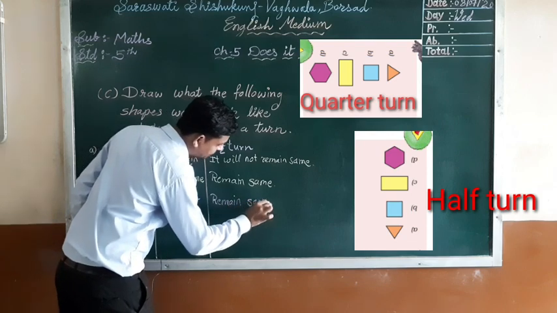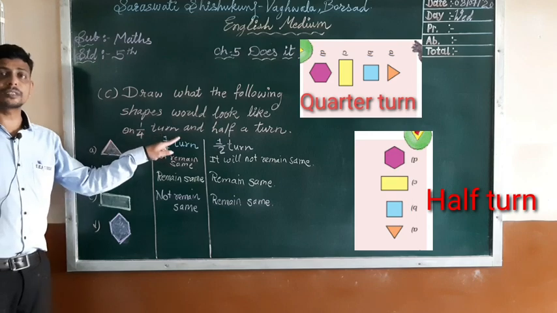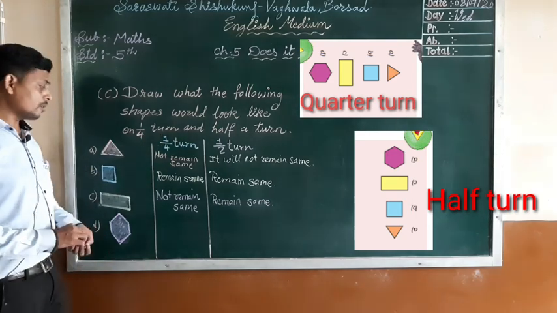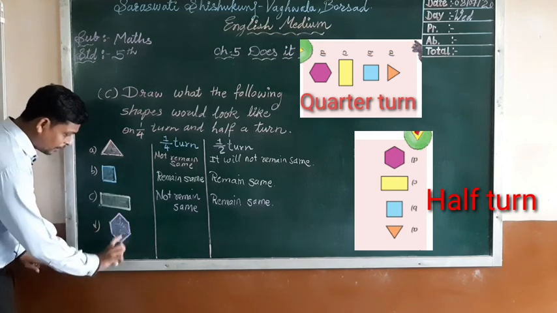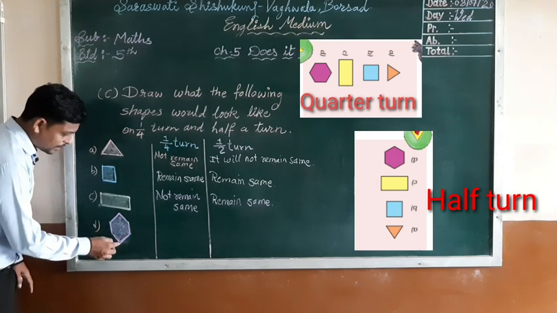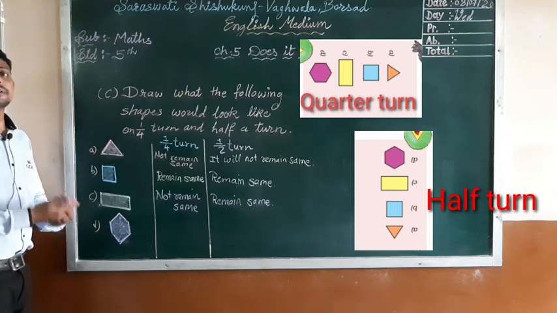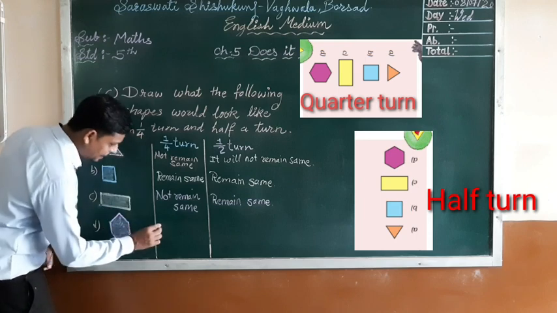So we can say remain same. Last picture, hexagon. If we rotate into a 1/4 turn, does it remain the same or not? 1/4 means this part will come this side and this part will come this side, so it will not remain the same as this picture.